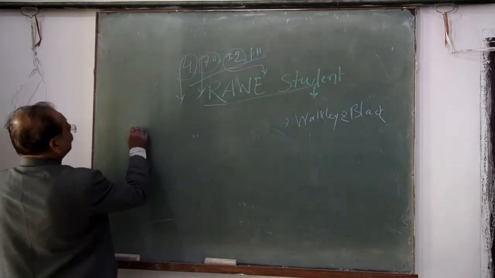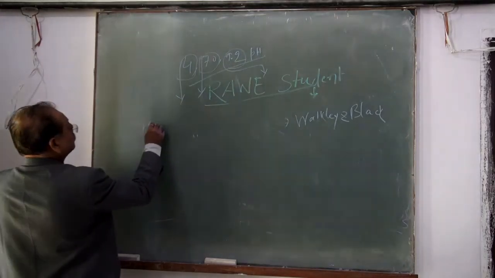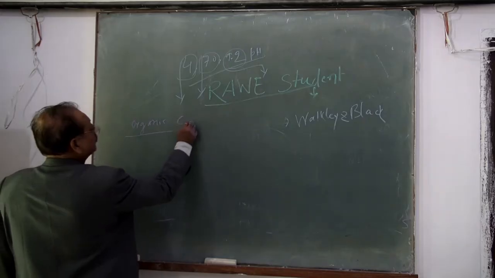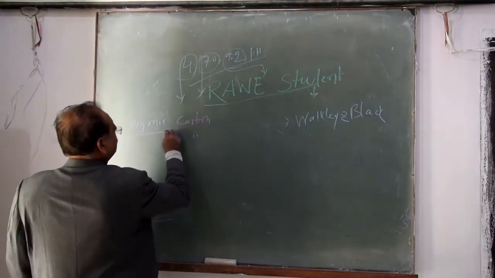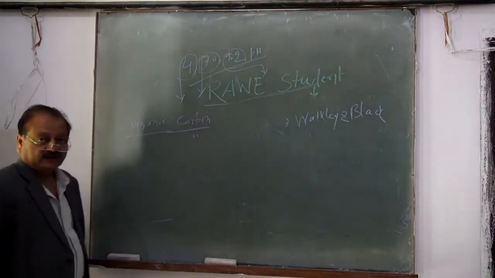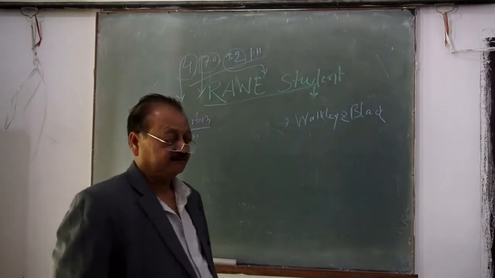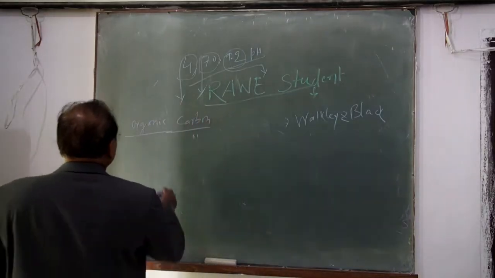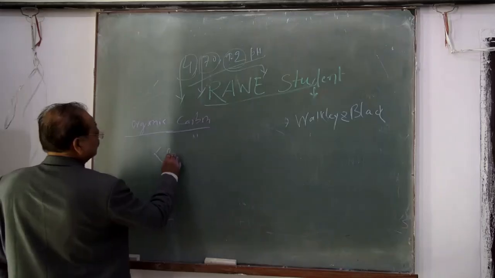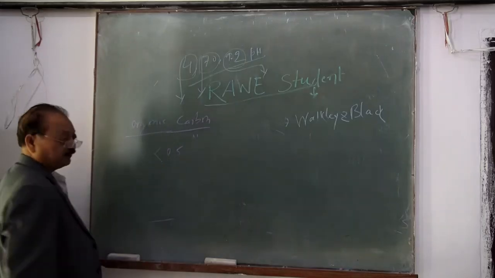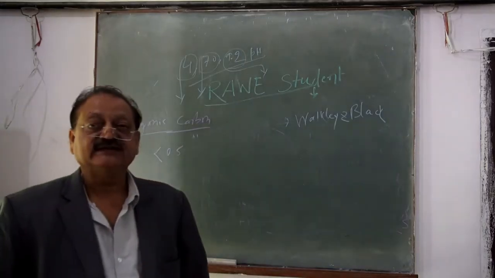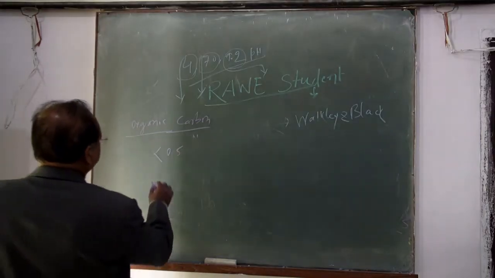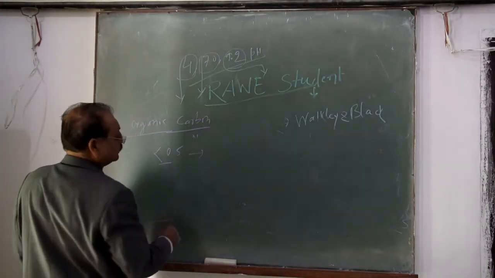So organic carbon: if the value of organic carbon is less than 0.5, it means your soil is low.